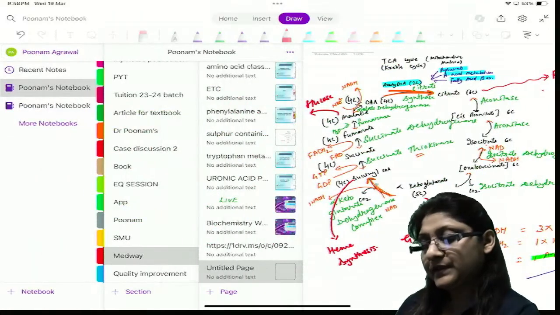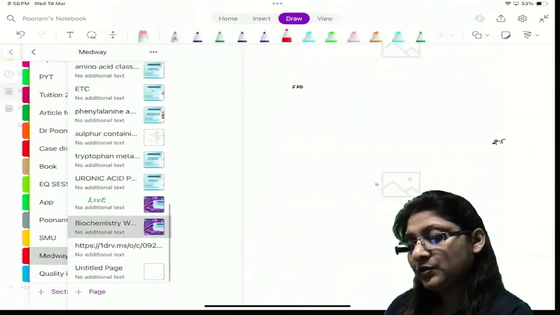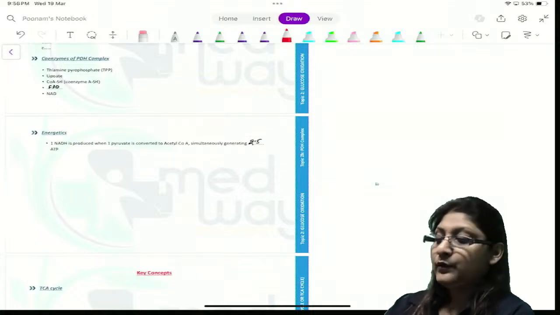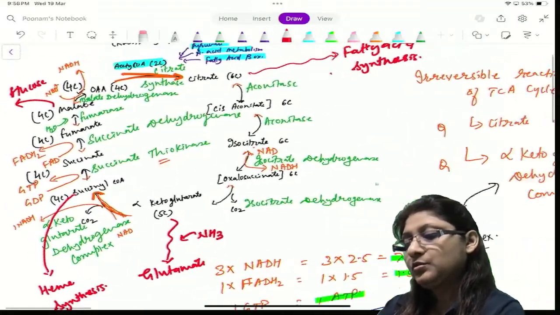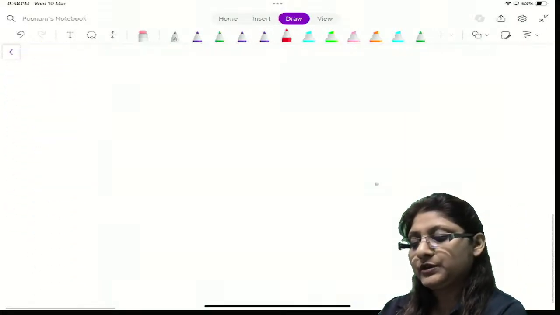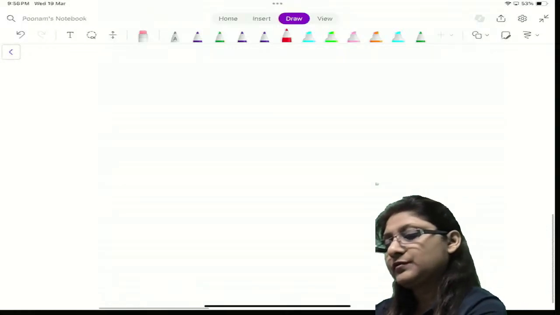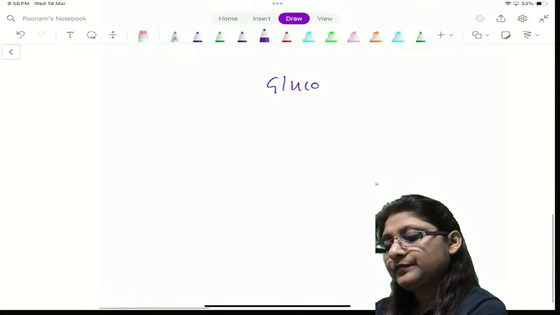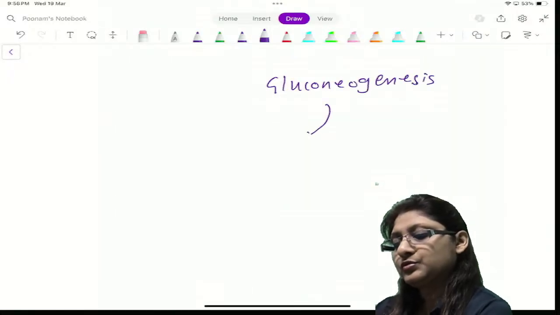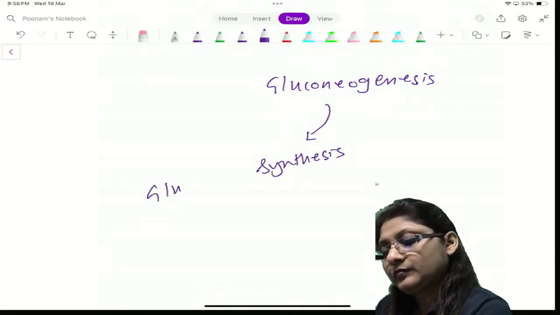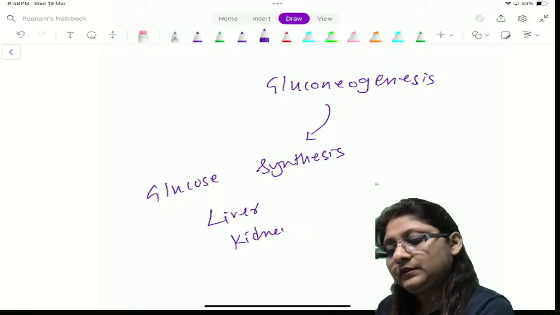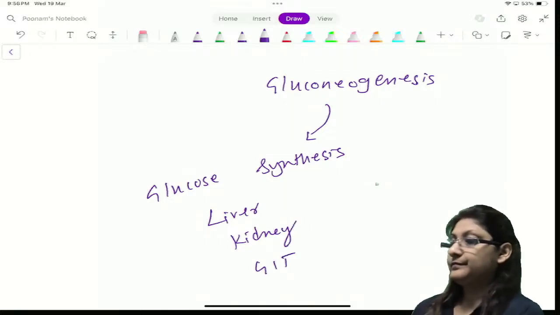If any doubt, you can ask me at this stage. Otherwise, I will go to the next aspect where I will be taking a new pathway which is called gluconeogenesis, and will be explaining in today's class how the process of gluconeogenesis produces glucose in organs like the liver, kidney, and very rarely GIT cells.